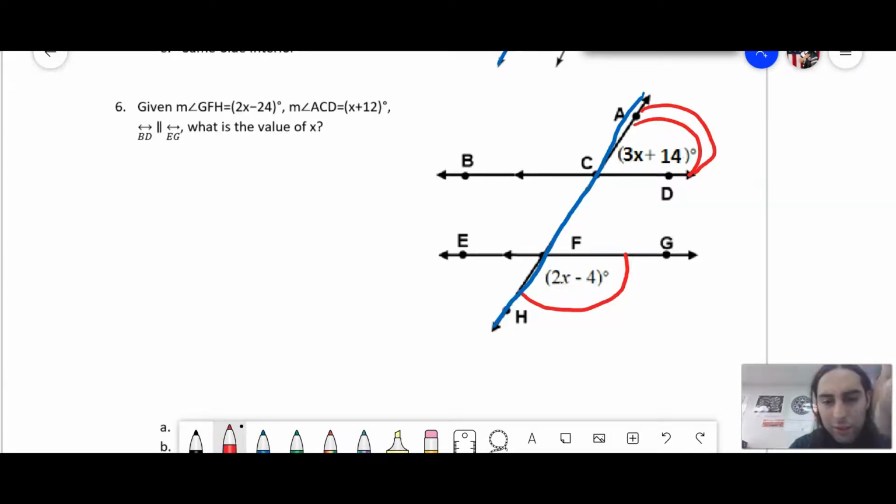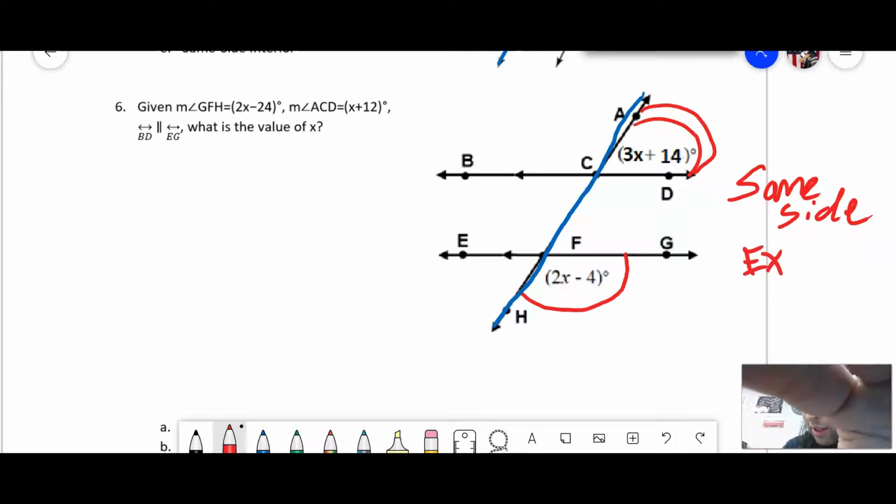You see how they're both to the right of the transversal? That's on the same side, right? And do you see how we got these parallel lines and they're actually above and below? They're outside of the parallel lines. We call that same side exterior.